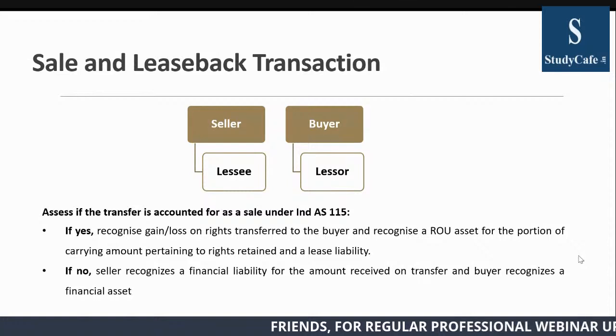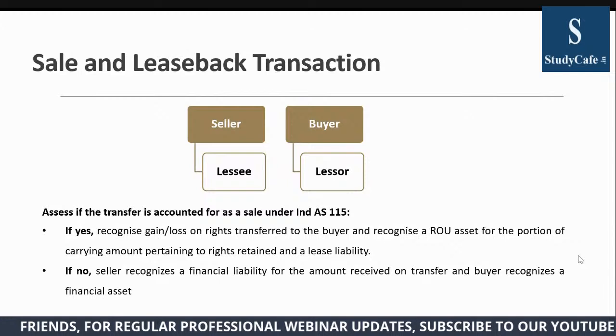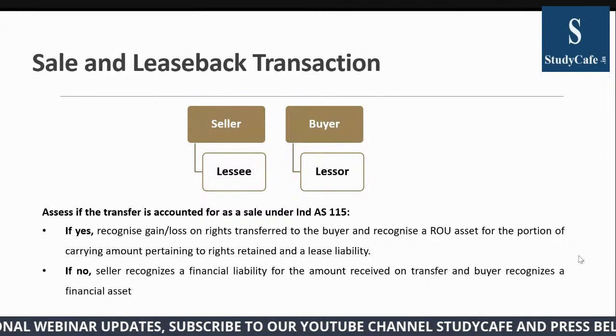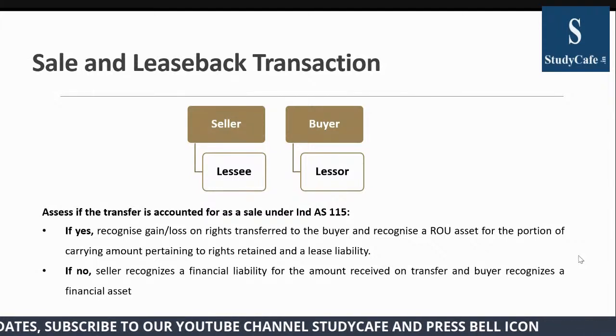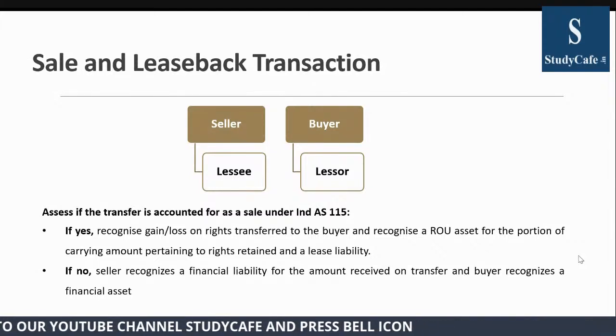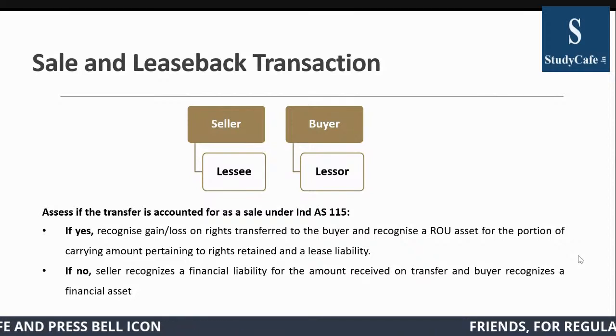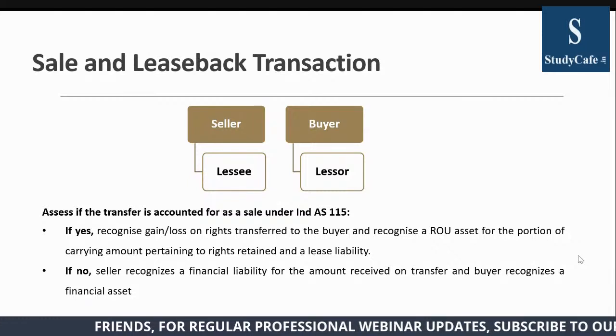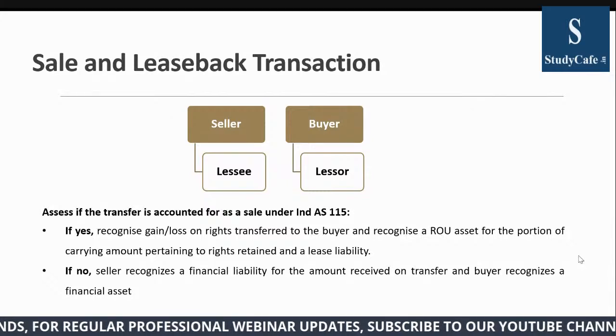But now company A sells the machinery to company B, and then takes that machinery again on lease. So now company A and company B, which were earlier seller and buyer, have now become lessee and lessor. Company A has sold the machinery but still has the machinery, but now on lease, right?